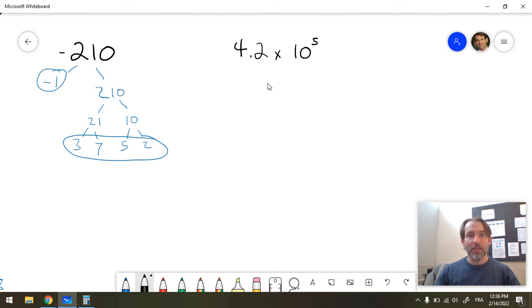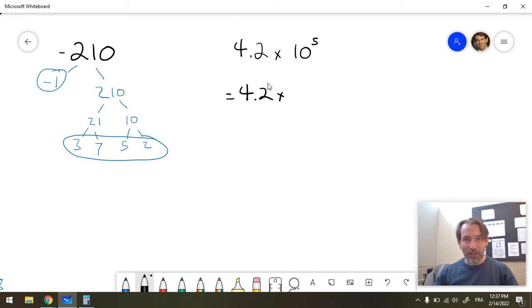Well, here we have to do BEDMAS when we're expanding these things, but it's really easy, and I'll show you how. First, I'm just going to rewrite what I have here in the same way. 4.2 multiplied by, the first thing I have to do is the exponent. I don't do this multiplication first because of BEDMAS: brackets first, then exponents, then multiplication and division in either order.